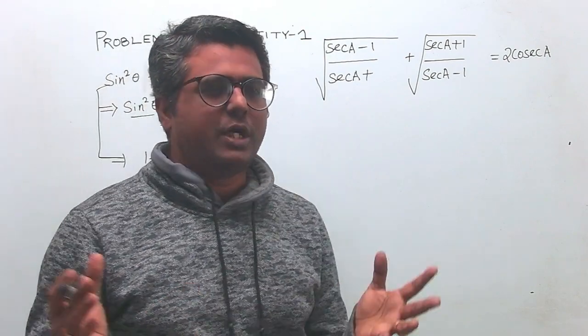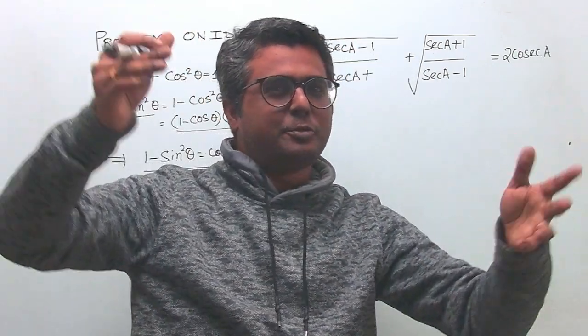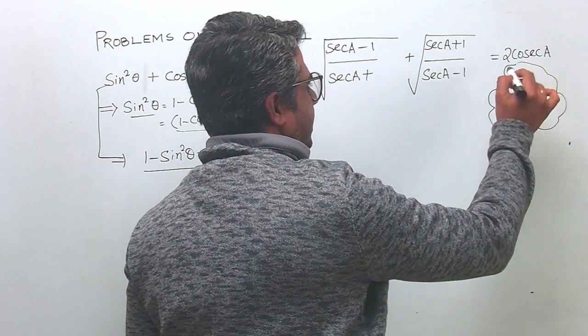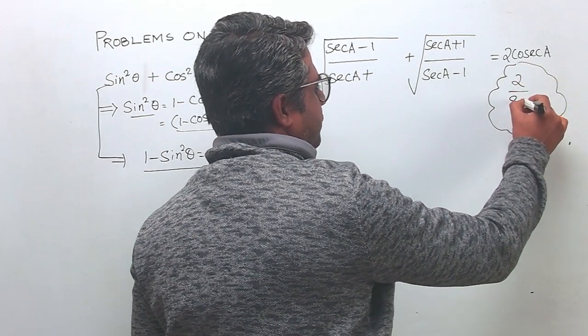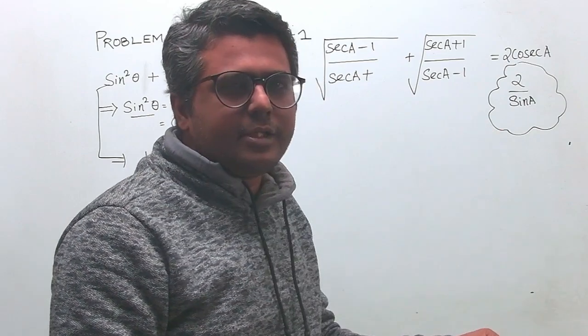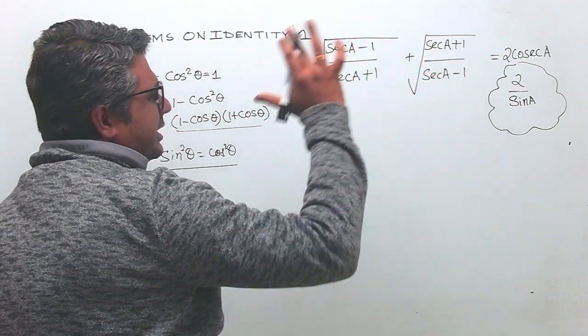Many of you have already thought, I think, that 2 cosec A, we will think in our mind, is 2 by sin A. In your mind, this cosec A should be 2 by sin A, and as soon as you see this sin A, you might be thinking that now each and every one of these is in sec A.